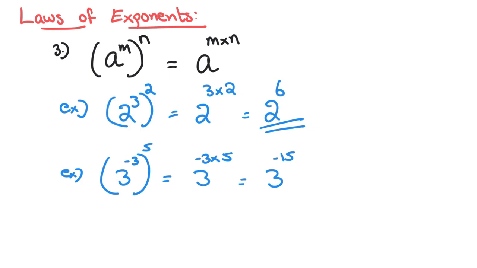We will see how to deal with negative exponents later. But for the time being, do you know how to apply the law? A to the power m, the whole thing to the power n, is a to the power m times n.